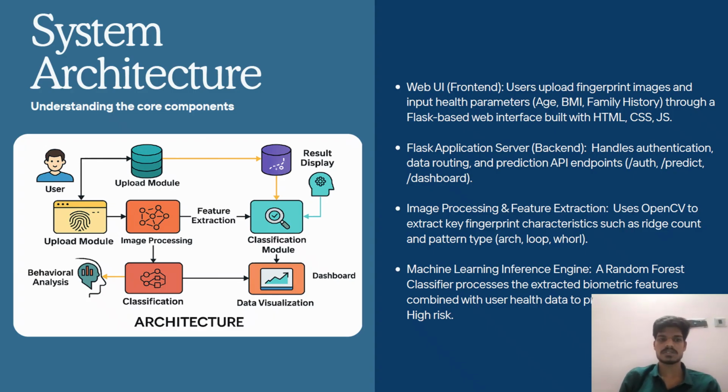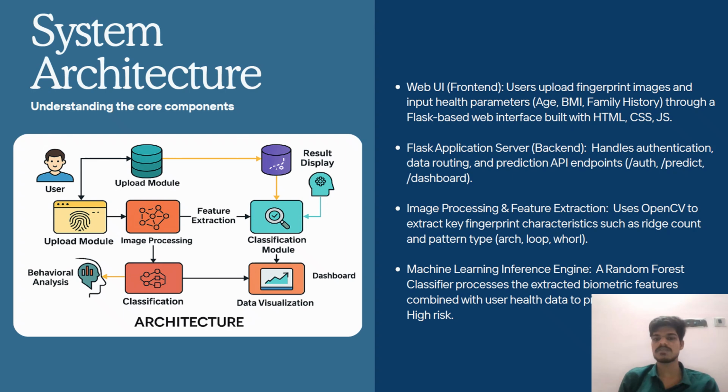System architecture. Understanding the core components. Web UI front end. Users upload fingerprint images and input health parameters through a Flask-based web interface built using HTML, CSS, and JS. The Flask application server backend handles authentication, data routing, and prediction API endpoints.